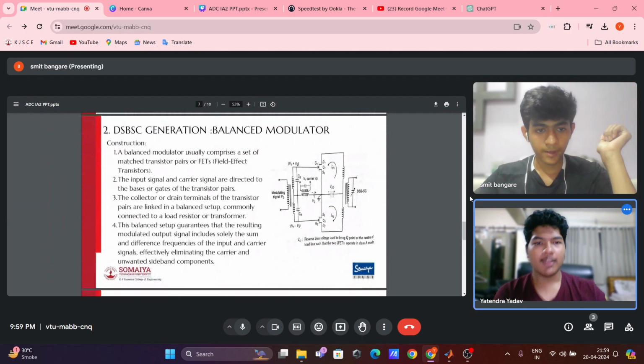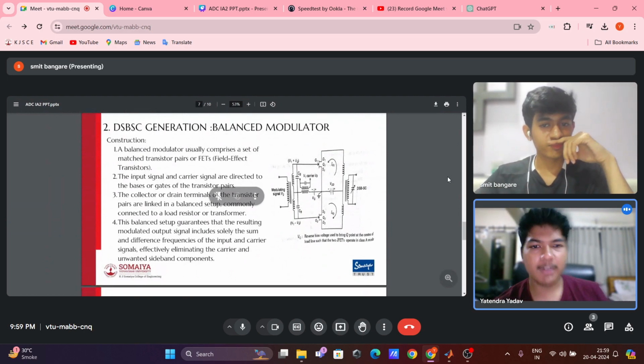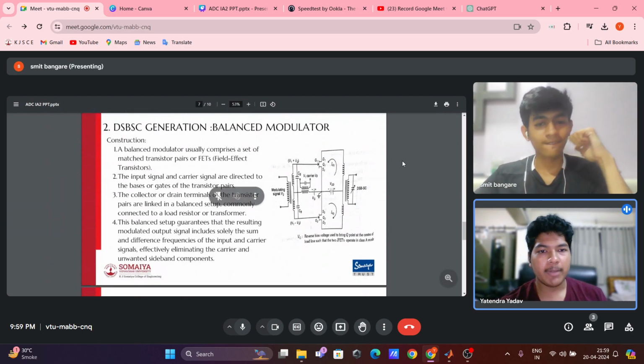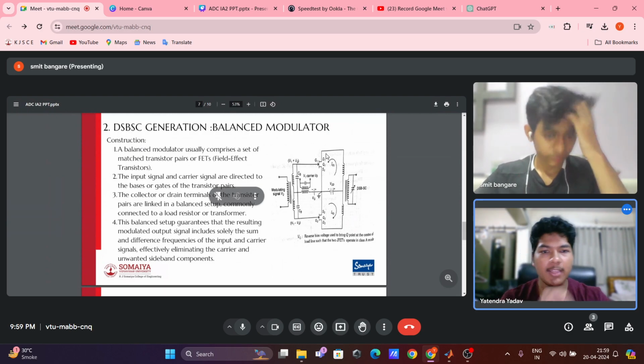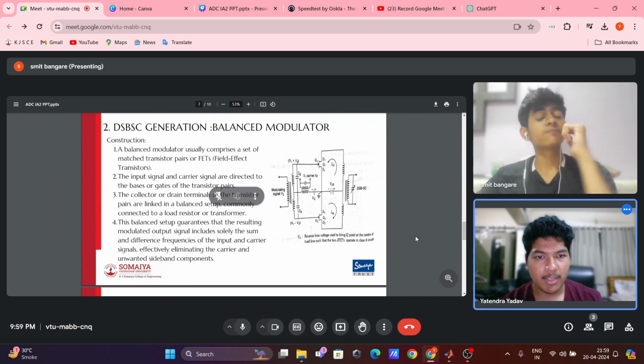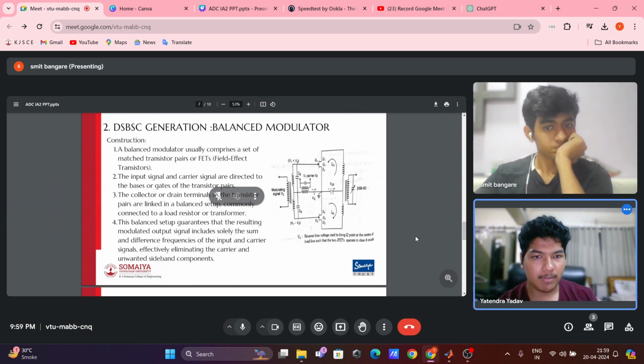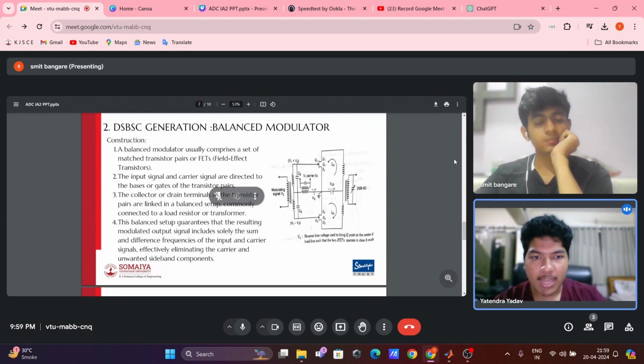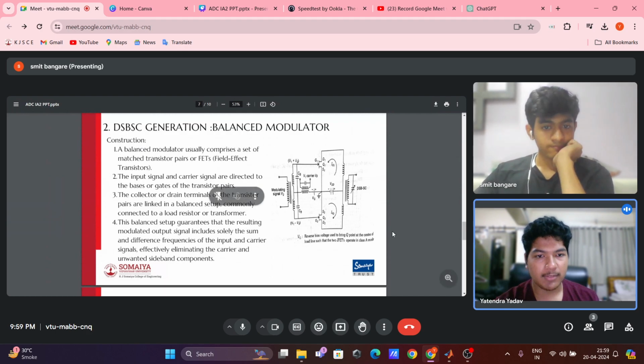Thank you, Smit. In the balanced modulation technique, both the upper and lower sidebands are transmitted while the carrier is suppressed. A DSBSC balanced modulator is made of matched transistor pairs or FETs arranged in a balanced configuration. The input and carrier signals are applied to the base or gate of these transistor pairs.